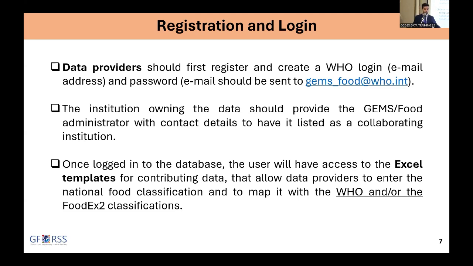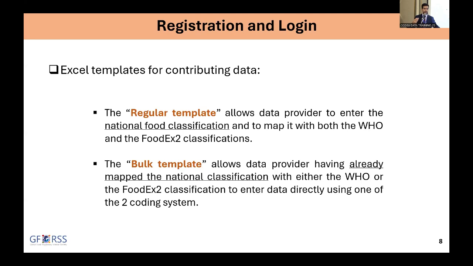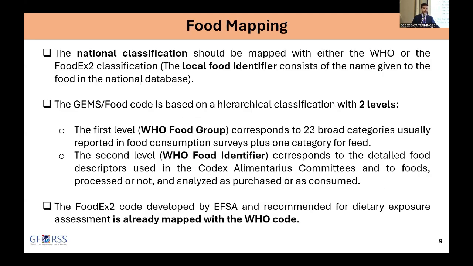Data providers should first register and create a WHO login, address, and password by sending an email giving more details about the institution you are representing, and why it is important for you to become a data provider and have access to the GEMS food database.